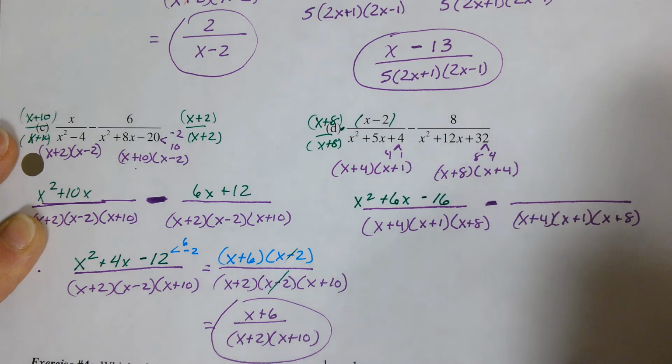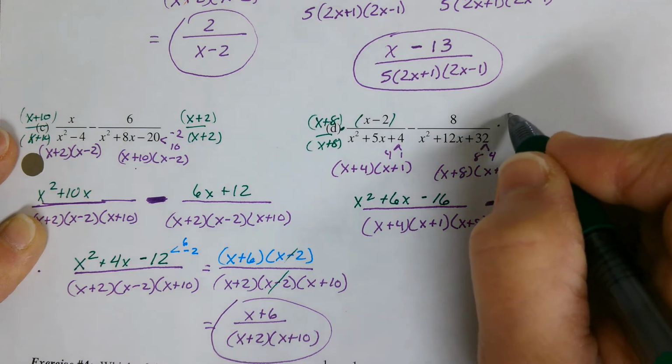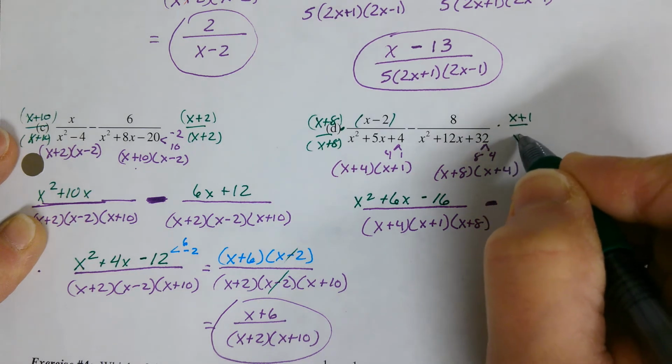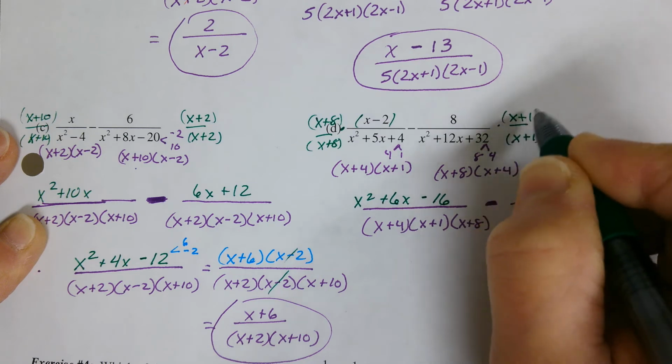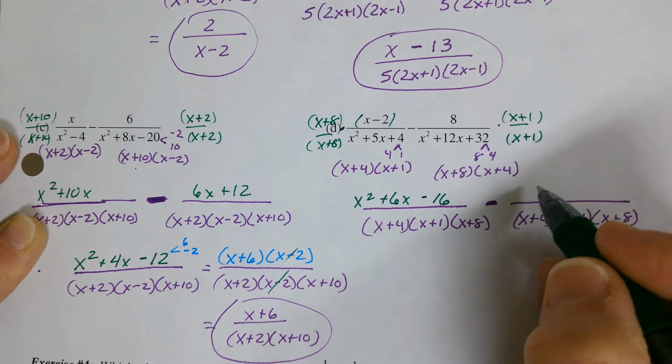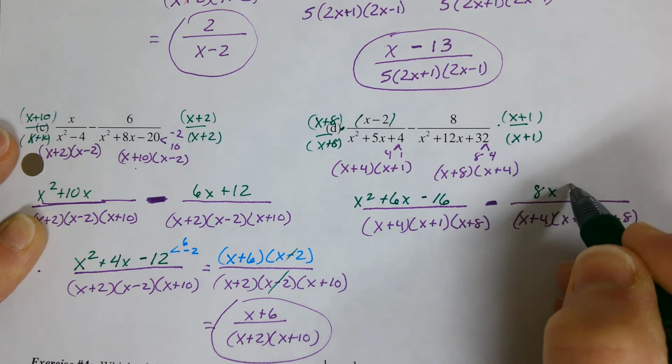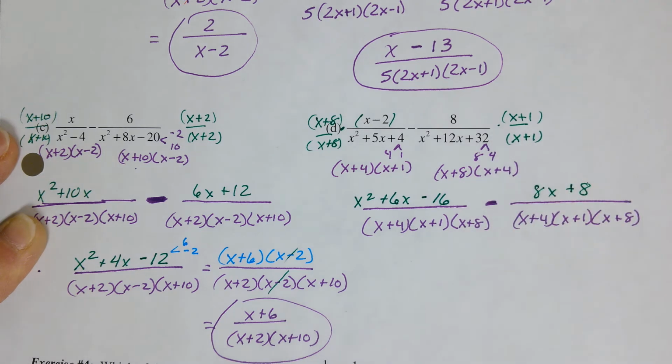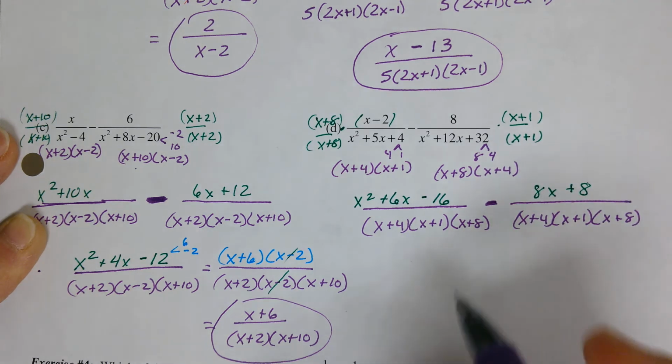Second fraction we'll multiply by 1 in the form of x plus 1 over x plus 1. And we have 8x plus 8. Let's copy the denominator.